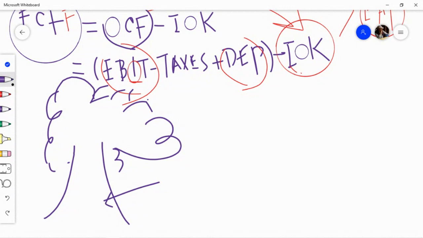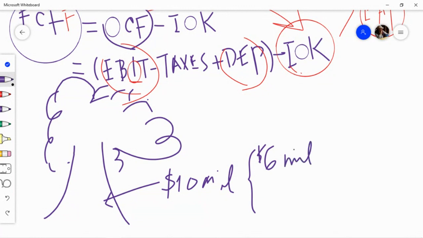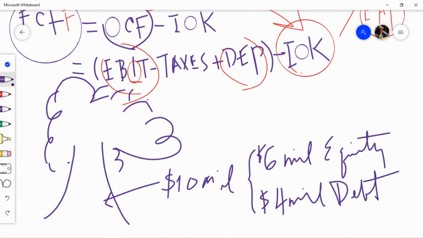Let's say this tree is $10 million, and this $10 million was financed by $6 million from the equity holders, right? $6 million is equity, and $4 million came from debt.